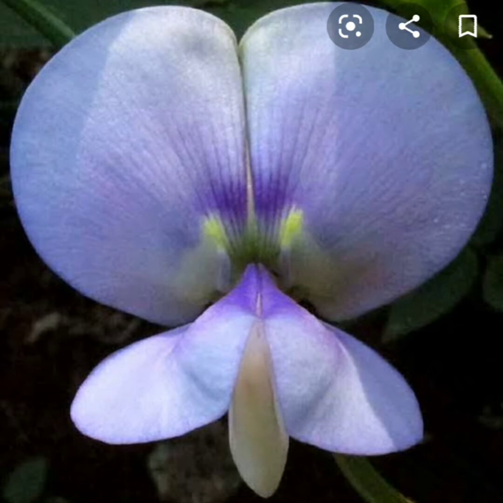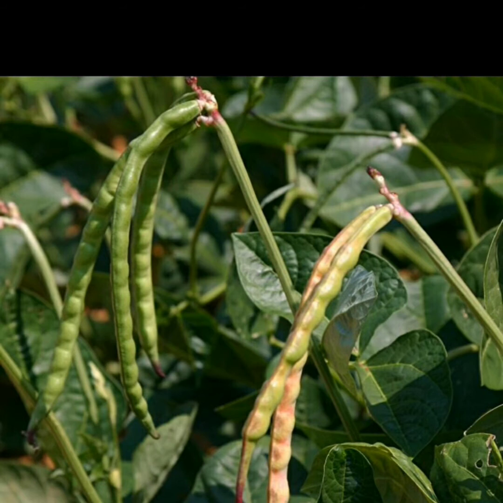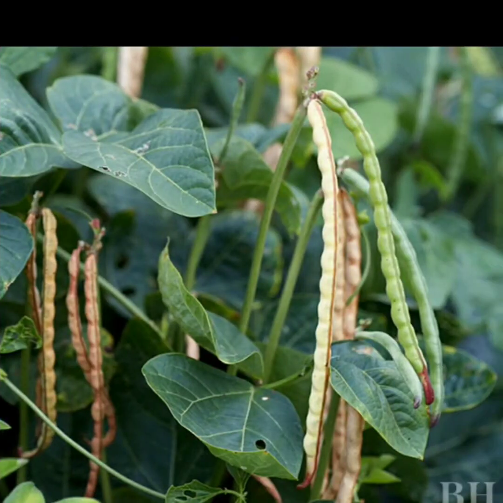Now this plant is low growing and vigorously bushy. As you can see here, it is bushy, just like the French bean plant. It is an annual herb with a height of about 0.9 to 1.5 meter. The leaves are very similar to the French bean: somewhat heart shaped, which is referred to as cordate, and dark green.